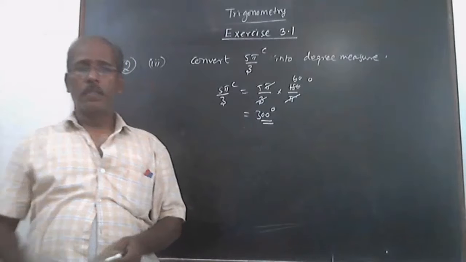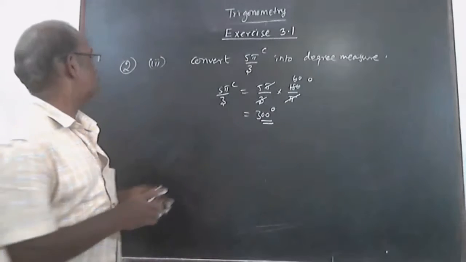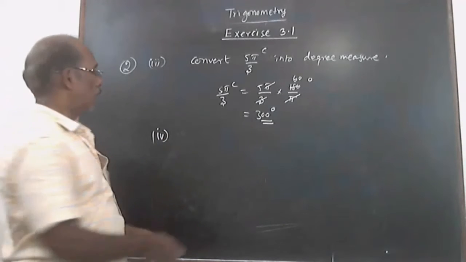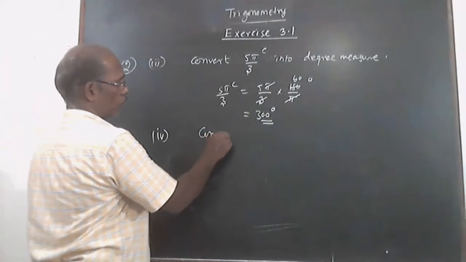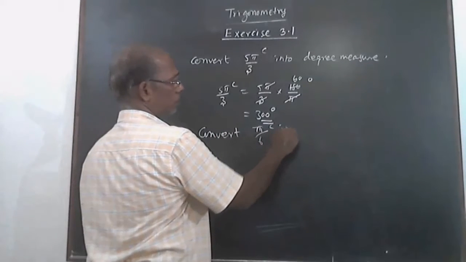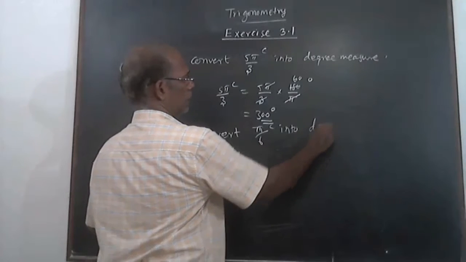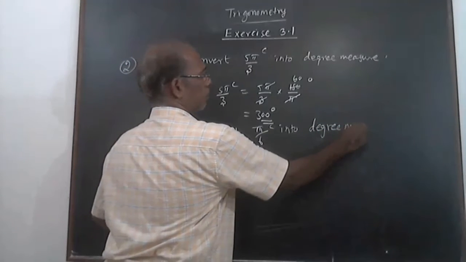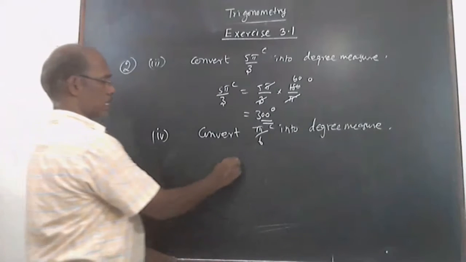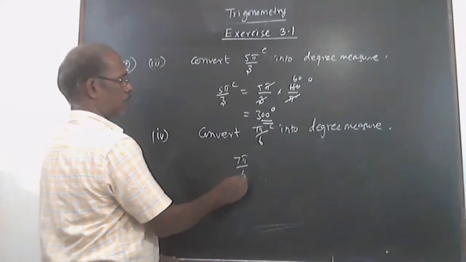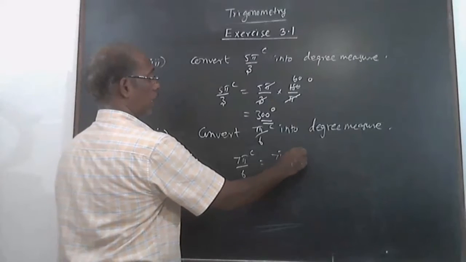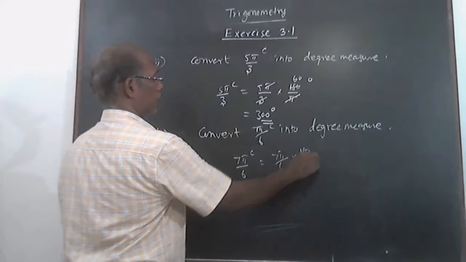Go through it. Now, one more subdivision given, fourth subdivision. We need to convert 7 pi by 6 radian into degree measure. 7 pi by 6 radian is 7 pi by 6 into 1 radian. 1 radian is 180 by pi degree.